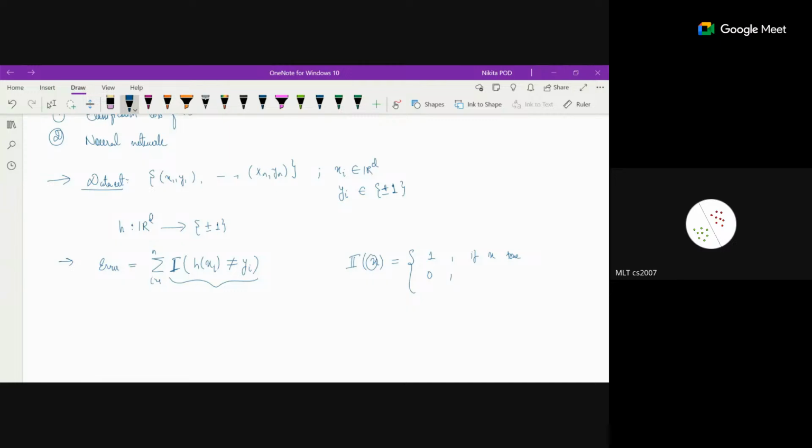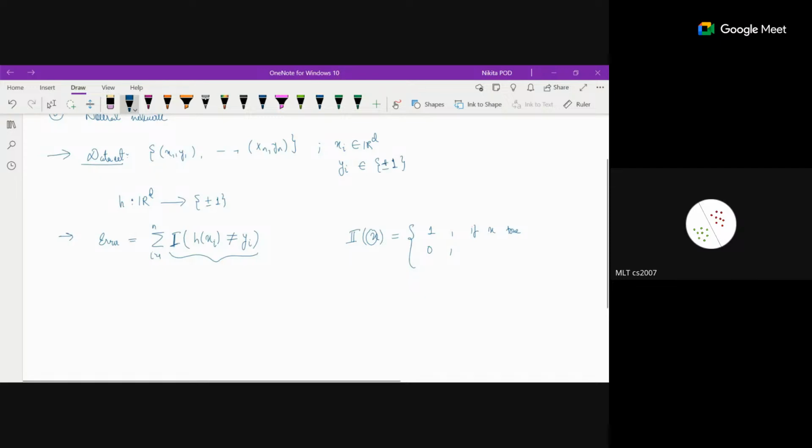So to avoid that, we can restrict to a linear space, which we denote as h linear. And what we said is that we will minimize this error, the indicator of h of xi not equal to yi, over the space where h belongs to h linear.